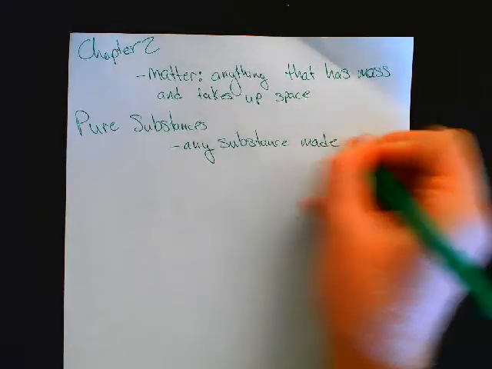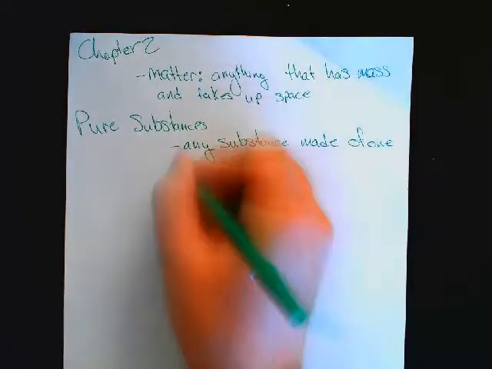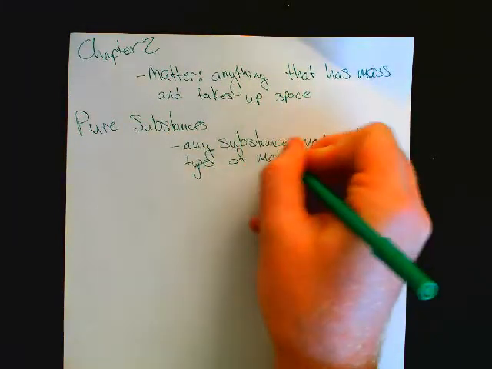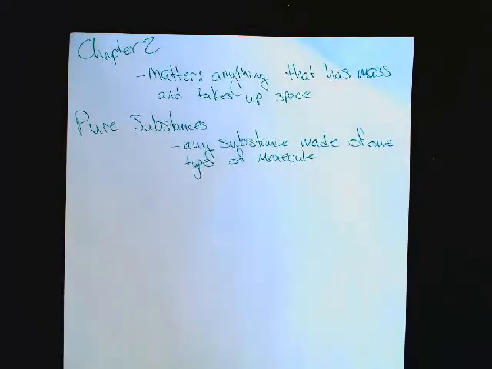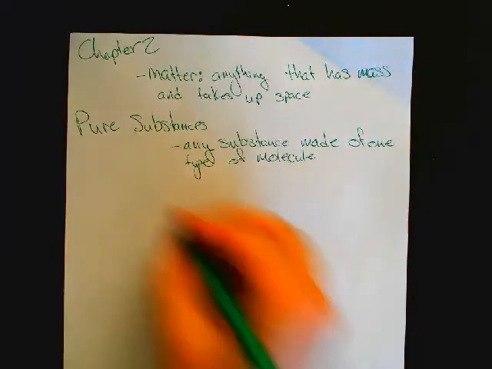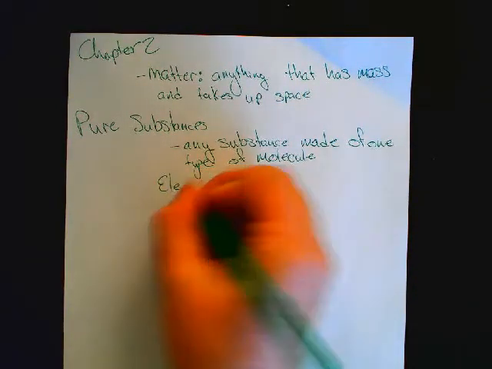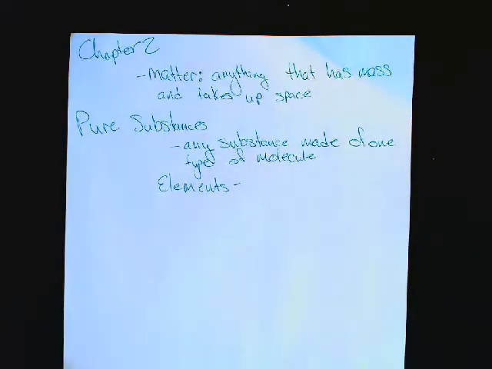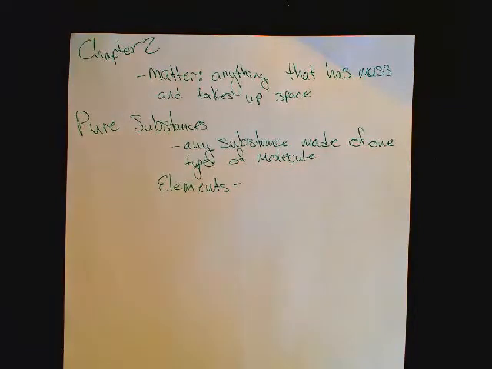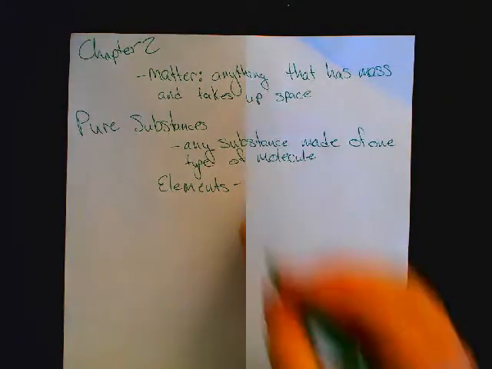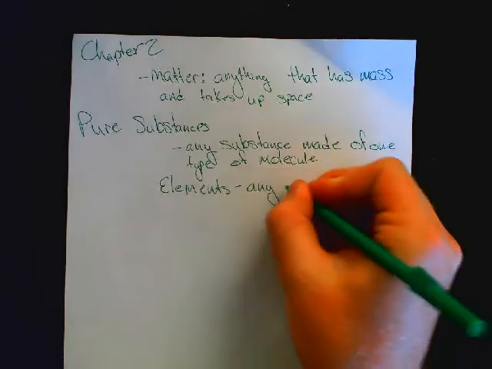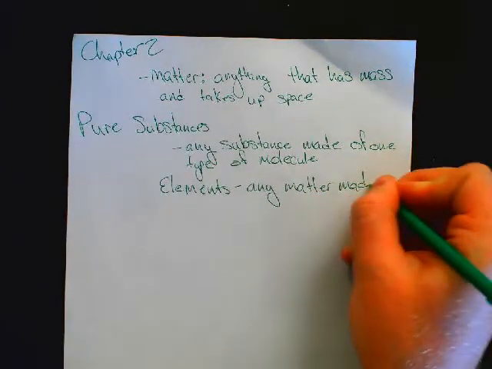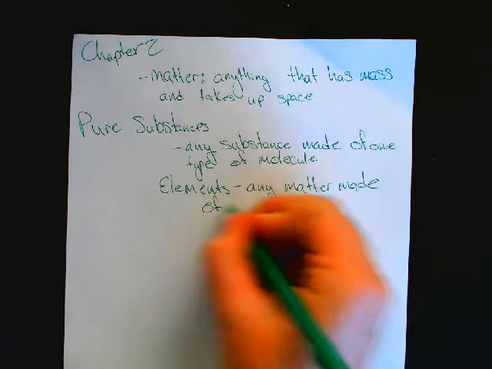We can then subdivide pure substances into elements and compounds. An element is any matter that is made of only one type of atom. Wait, there's different types of atoms. Yes. Of one type of atom.